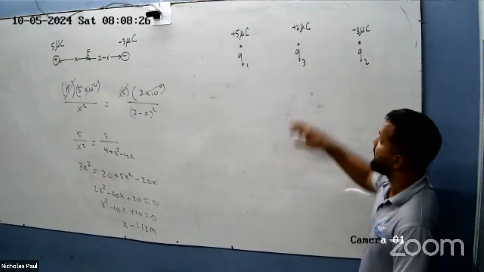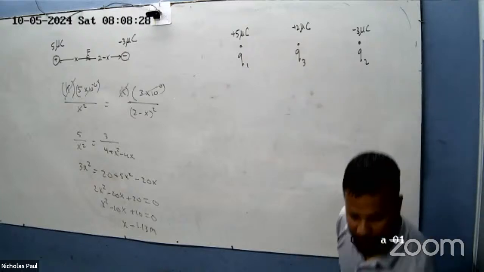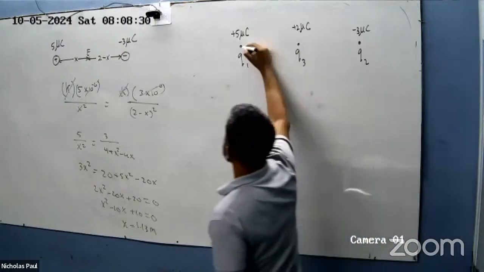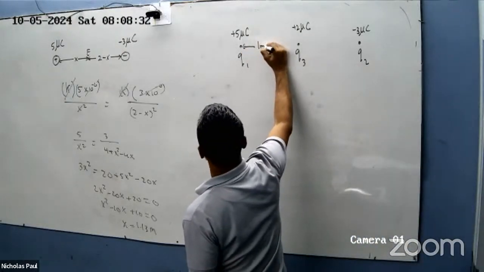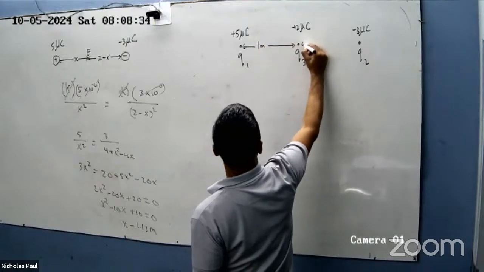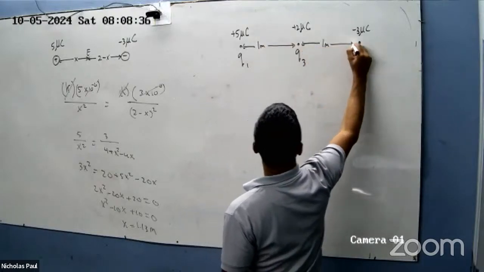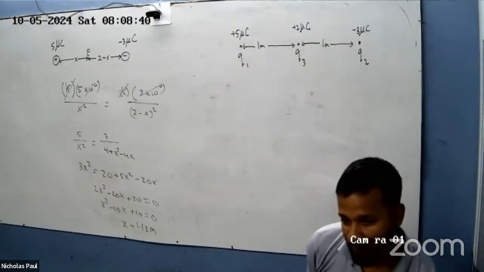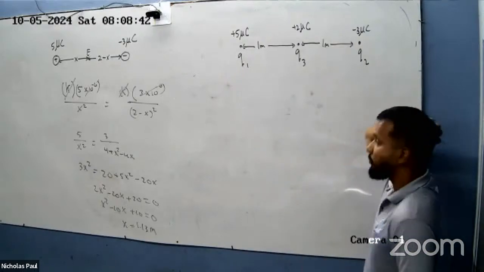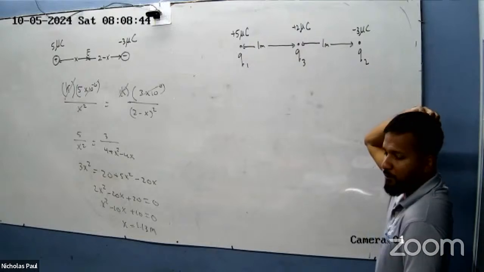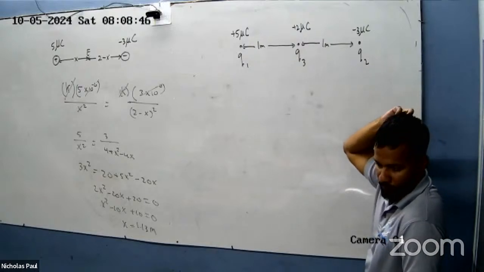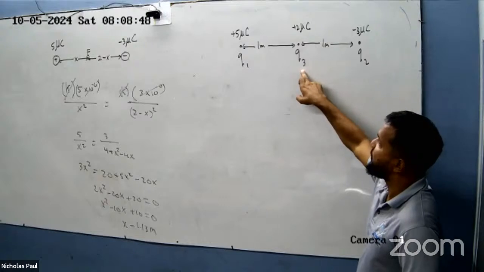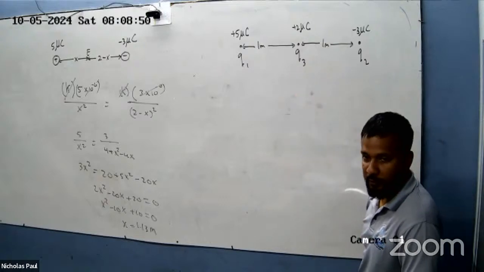We're doing it with this distance. No, you don't need Q3 as yet. You need Q3 for the last part I'm going to give you. You don't need Q3 right now. Right, the electric field strength at that point.